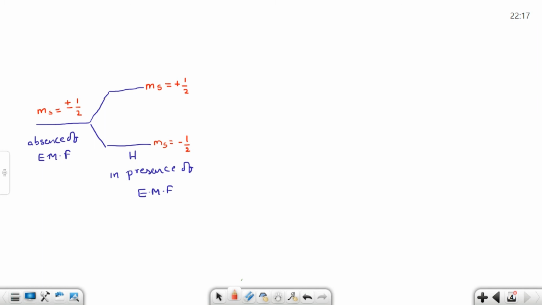Friends, in CH3 there are 3 protons present. These 3 protons split into 4 levels because the I value of a proton is 1 by 2, and 3 into 1 by 2 is 3 by 2.